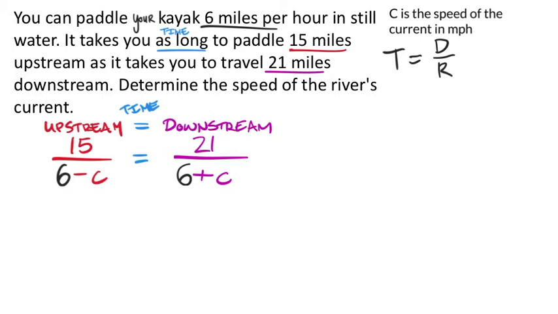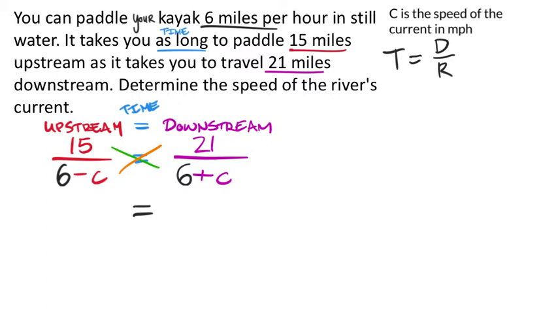All right, to solve this one, of course, you could just make the denominators match, but this is a proportion right here. Now, what does that mean? It means that you could just use cross multiplication at this point. Okay, so I'm going to cross multiply these, it's going to keep them equal, okay? Now, if you wanted to, just take this side and multiply by 6 plus c, and then this side by 6 minus c, both numerators and denominators, you end up with the same thing on this, okay?